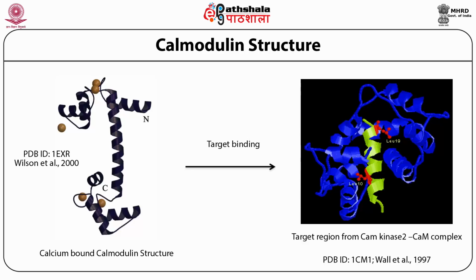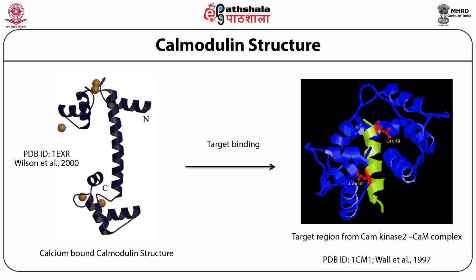When it binds to a target, the central helix is melted and it wraps up the target helix. Generally, calmodulin binds to a helical region of the target, which stabilizes the helical conformation, and it binds to two hydrophobic residues at the two ends.